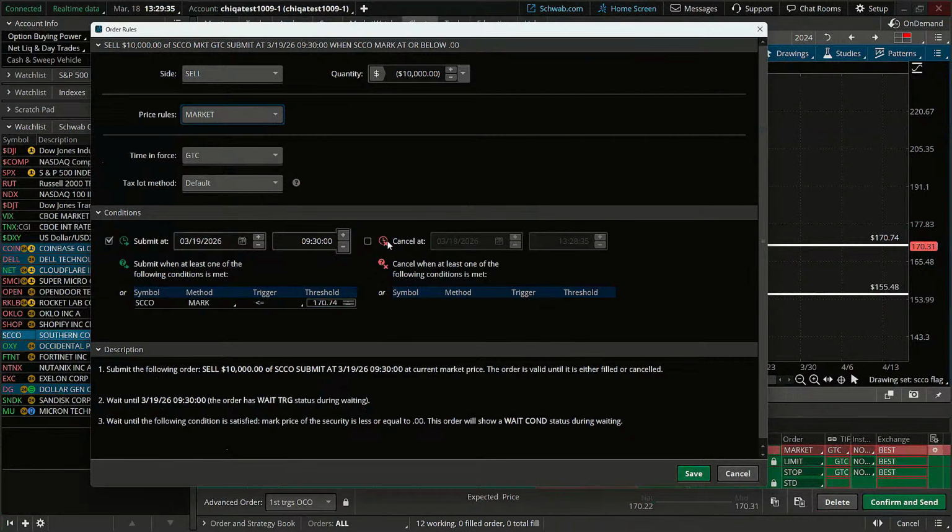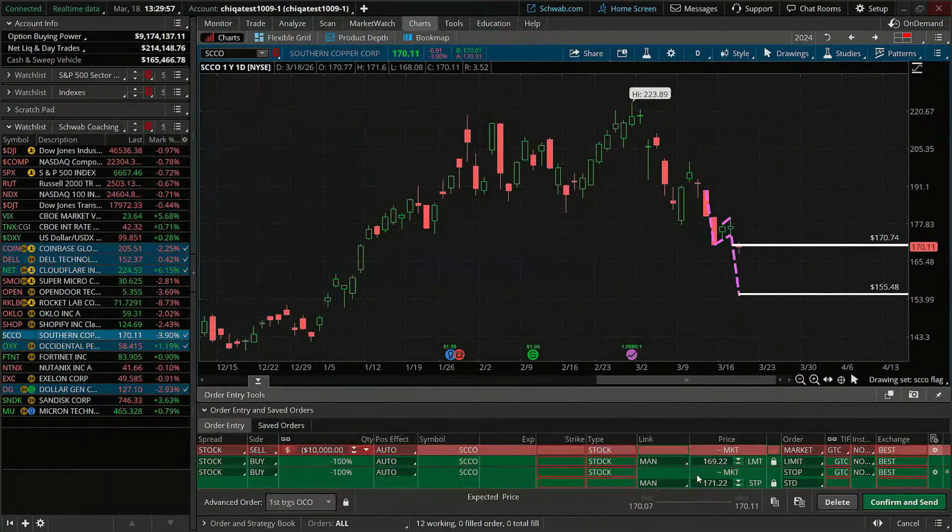It's going to wait to send this till market open, and it's only going to trigger if the price of Southern Copper is less than or equal to 170.74. So we're going to put a save order on that.